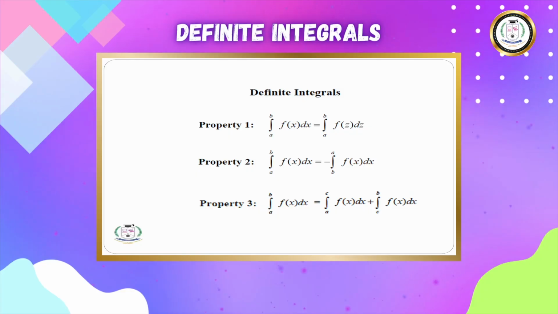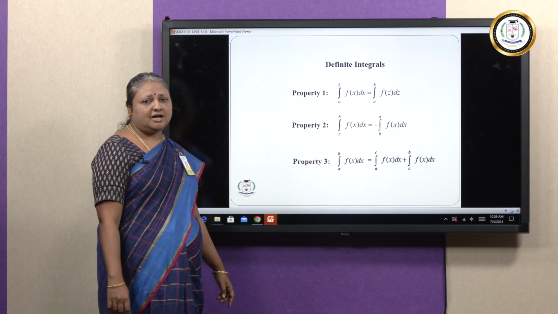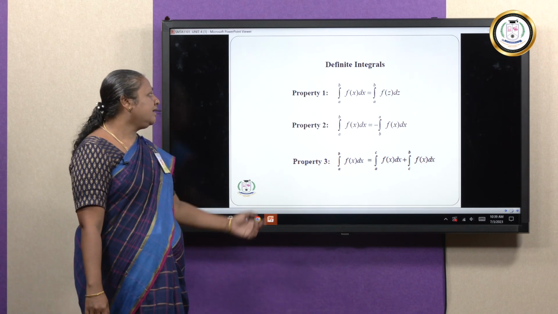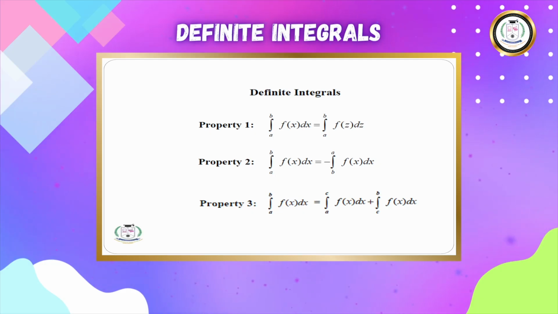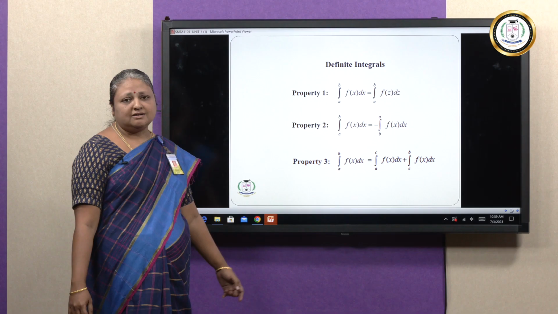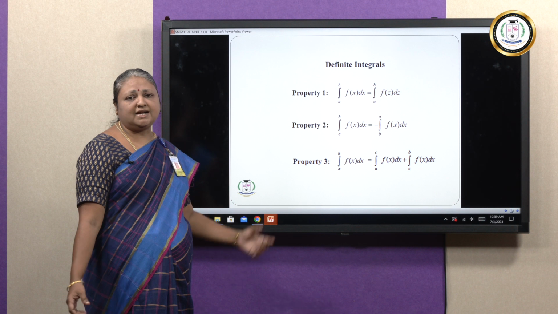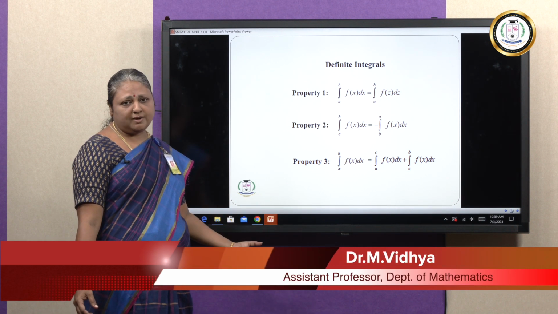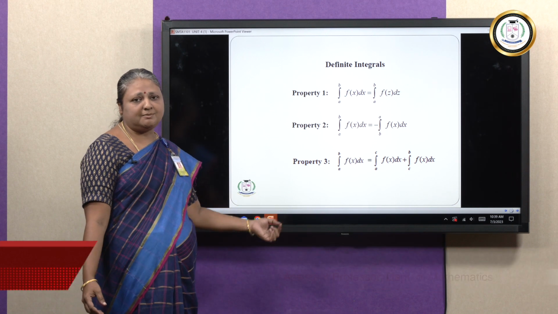These are certain properties in definite integrals which you are all aware of. Property number 1: integral a to b f of x dx is equal to integral a to b f of z dz, which shows that whatever the integrand you have, we are evaluating that and we can have any variable inside it.